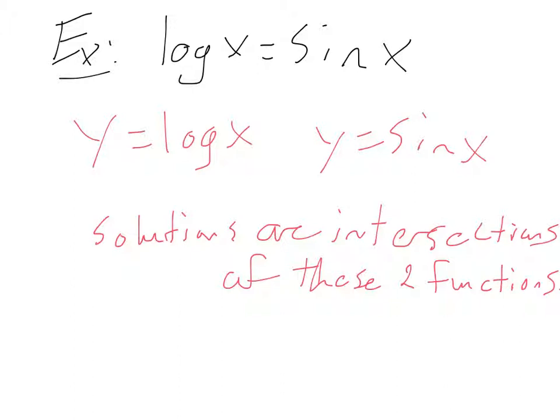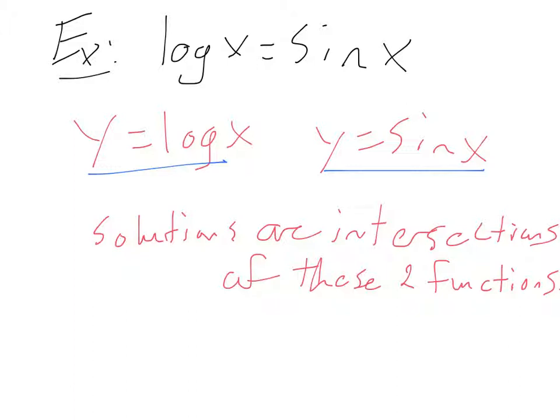We can graph each function separately, and then use the intersection feature of our calculator, which I'll describe in a second, to find the intersection points of these two functions, which will be the solutions of that equation. So that's another way we can graphically solve equations, by finding the intersection of the two functions.